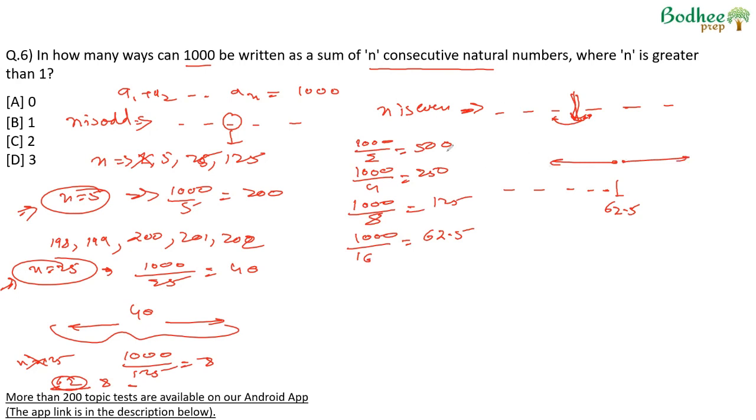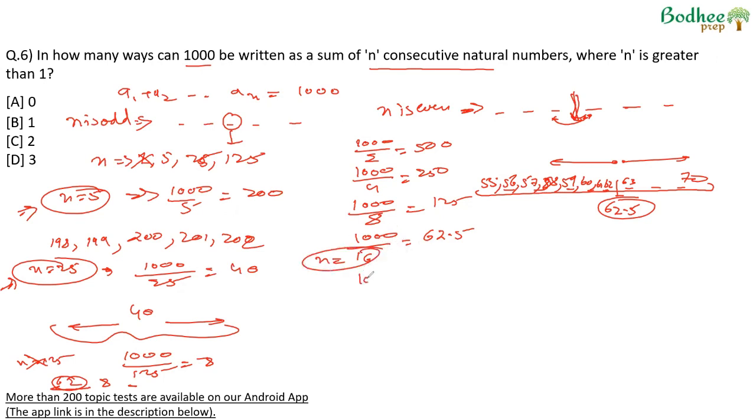So starting from 55, 55, 56, 57, 58, 59, 60, 61, 62, and then 8 more numbers up till 70. If we add these 16 numbers, we will get the sum as 1000 and their average will be between 62 and 63, which is 62.5. So when n is equal to 16, we can still have a case. So these are three cases.